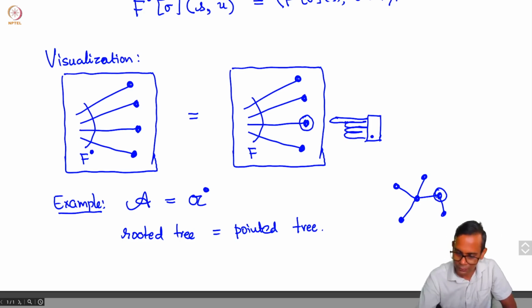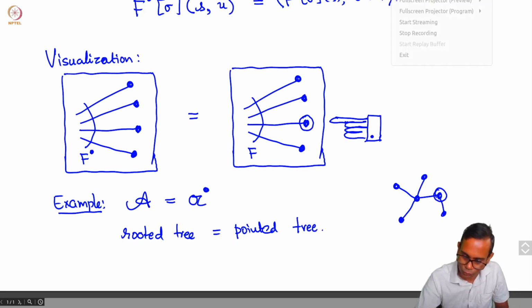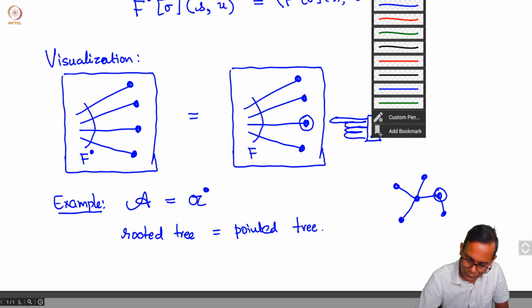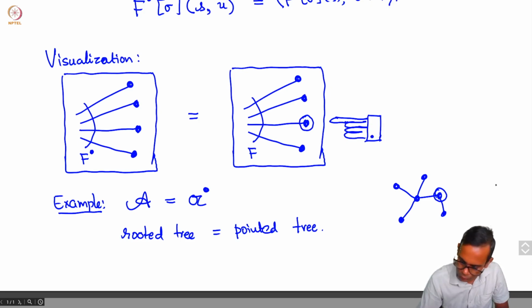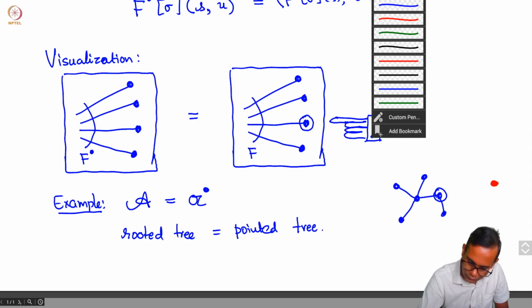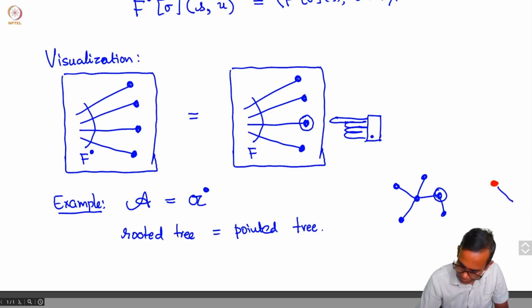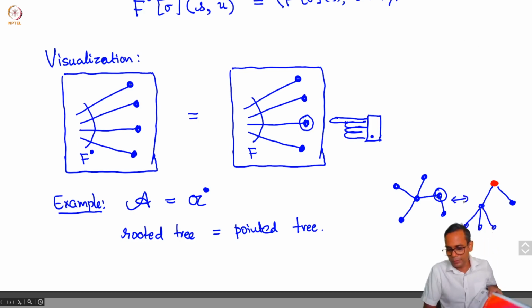Maybe I've been drawing roots in red in the past, so I can think of this as a rooted tree, one child on this side. So this is a correspondence between pointed trees and rooted trees.